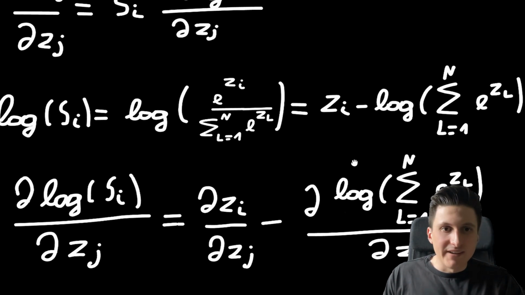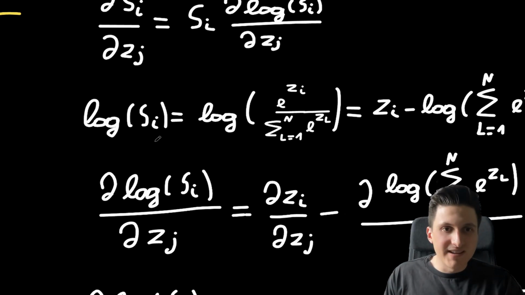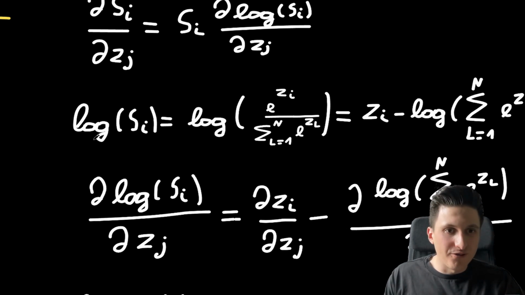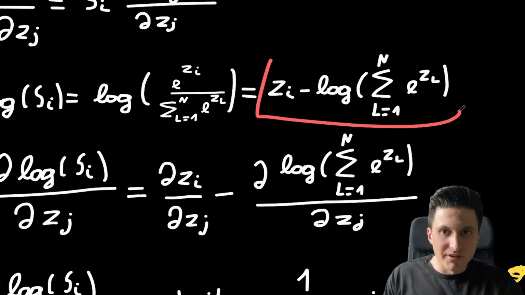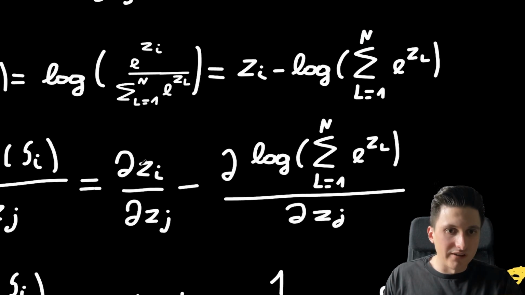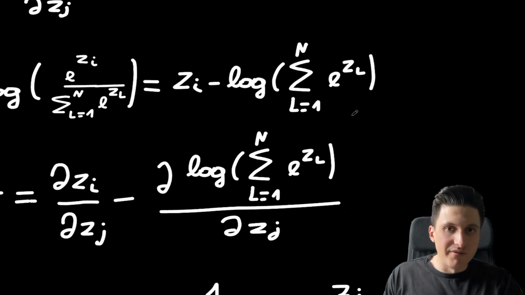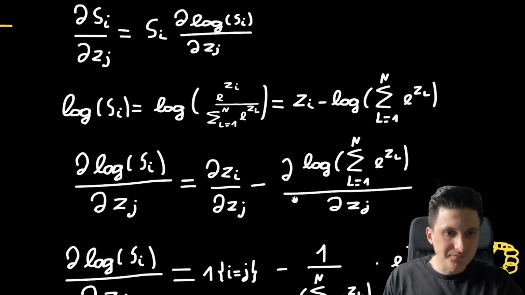But wait, what is then the derivative of this with respect to Zj? Let's calculate it. The first part is the derivative of Zi with respect to Zj, minus the derivative of the logarithm of the summed exponentials with respect to Zj.